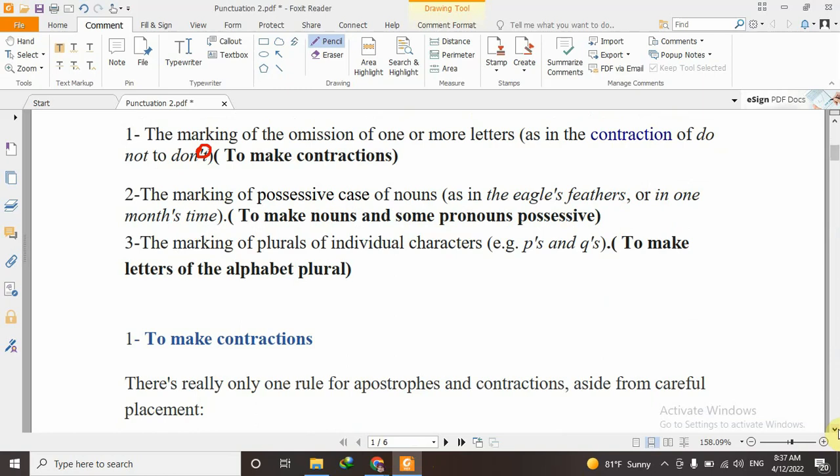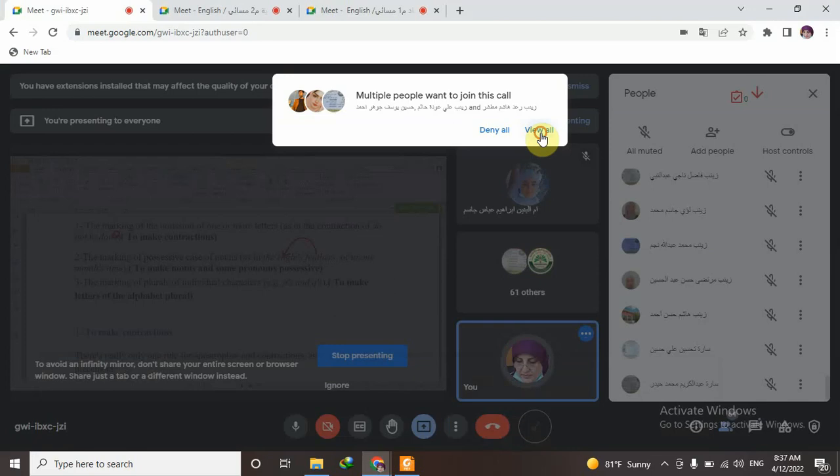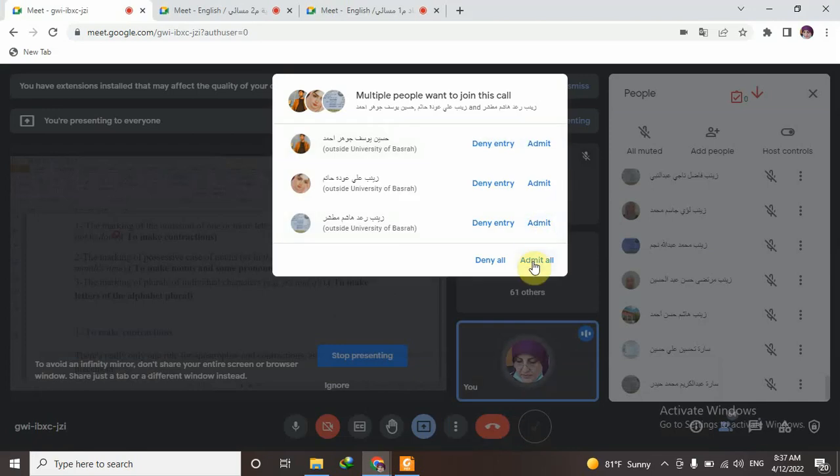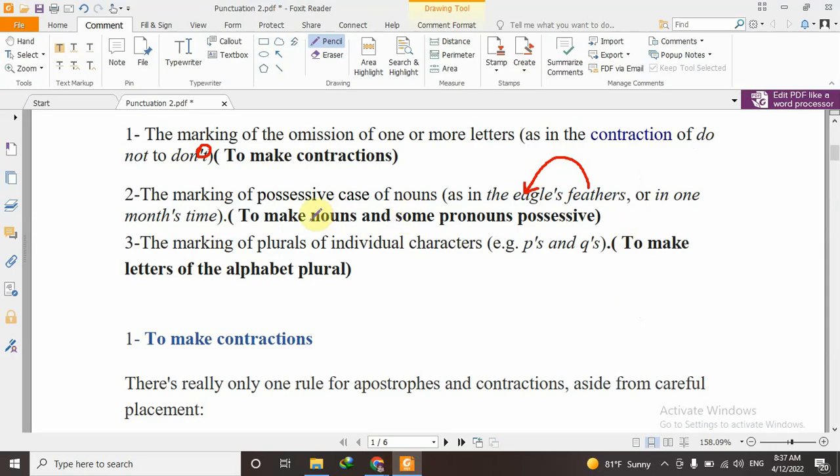The second use is the marking of the possessive case of nouns, as in the eagle's feathers. It means that these things are related to this noun. We are using two nouns, one referring to the other, to make nouns and some pronouns possessive.